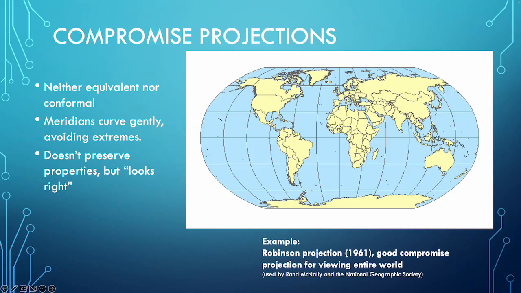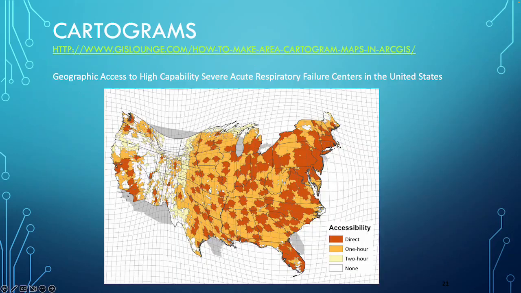All right. Now, there are other ways to make maps. There are sort of advantages and disadvantages. Another kind of map is called a cartogram. In this particular case, this is like a projection, but we are distorting things based upon geographic access to higher capability severe acute respiratory failure centers in the U.S. So where is it you can go if you're having respiratory failure?